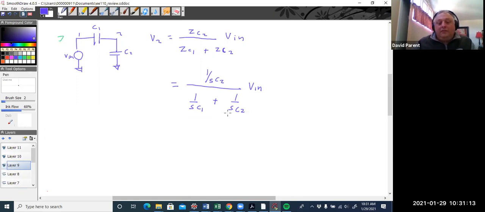Rather than finding the magnitude, because S equals j omega, I'm just going to make an approximation that S and omega are the same. So if omega equals 0, I'm just going to set S equal to 0. That's not true, but for what we're doing, which is just trying to get an estimate of how this circuit will respond, it's true enough.